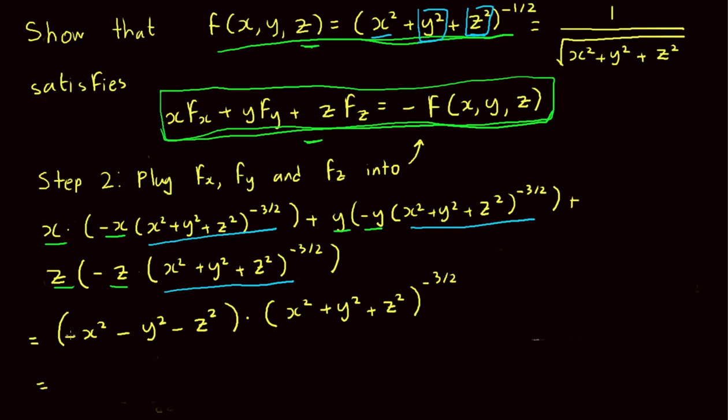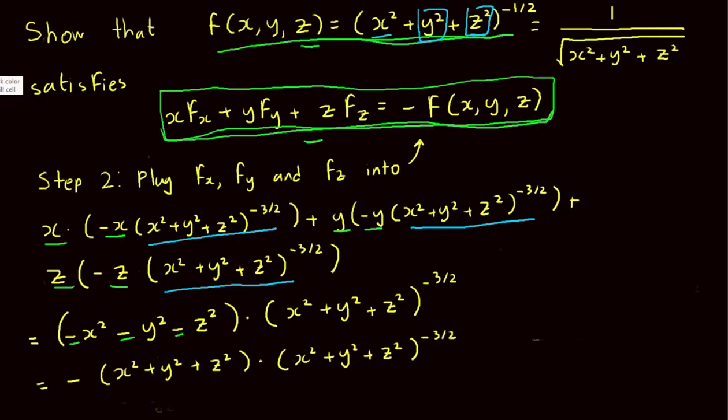So what happens is I'm going to take out the negative sign here. It's going to be quite simple: negative (x² + y² + z²) multiplied by (x² + y² + z²) to the power of negative 3 over 2.